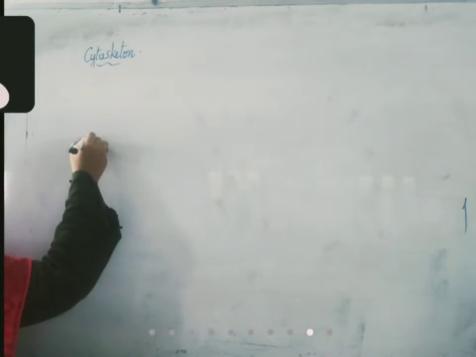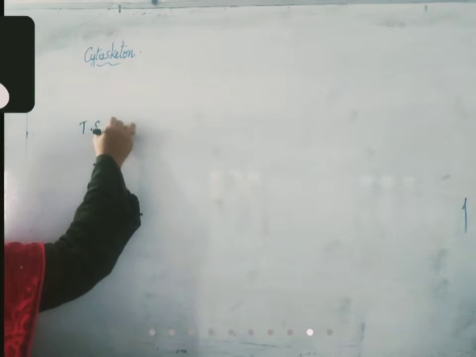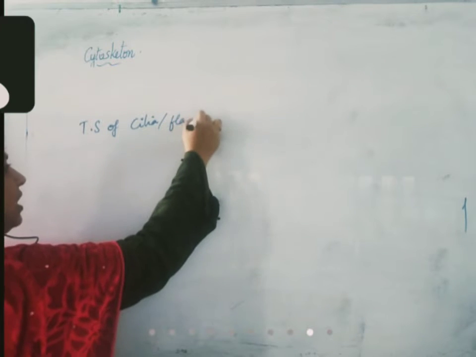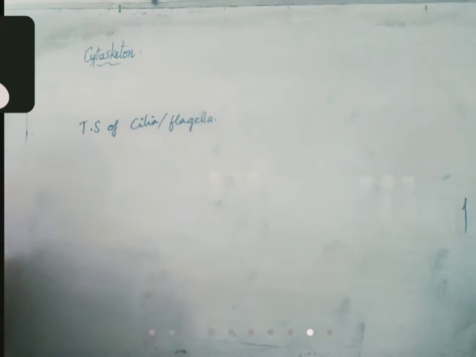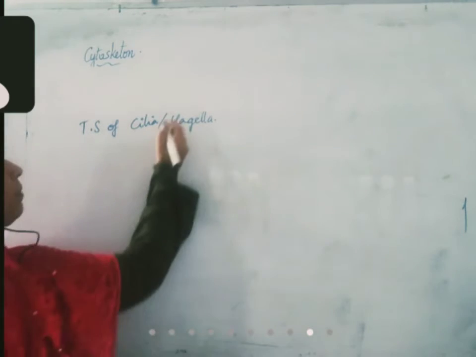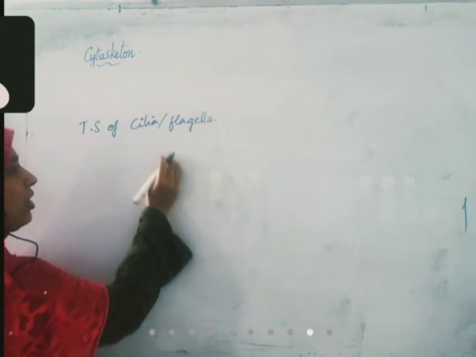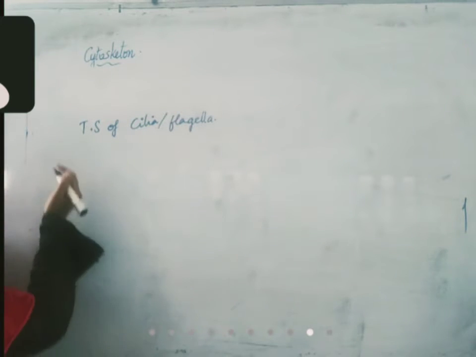The TS of cilia and flagella is the same. Both are useful for transport, but flagella has a long whip, whereas cilia are small projections that arise from the plasma membrane.